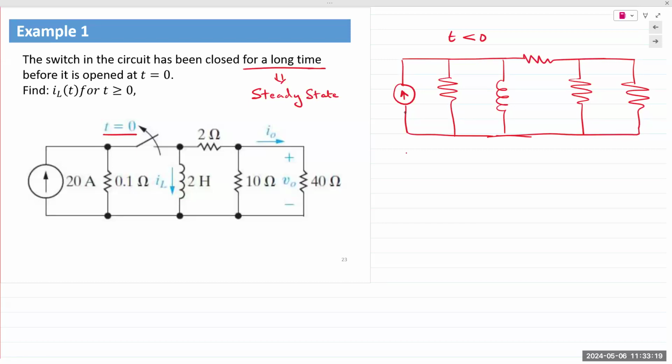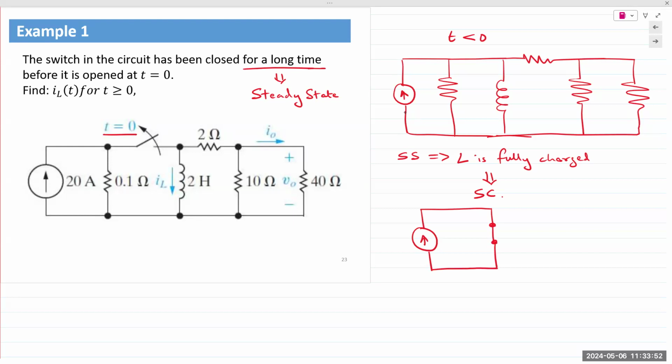If it's steady state, it indicates the inductor is fully charged. And if the inductor is fully charged, it behaves like a short circuit. And if it's a short circuit, then the circuit reduces to a current source and the short circuit wire, the inductor.